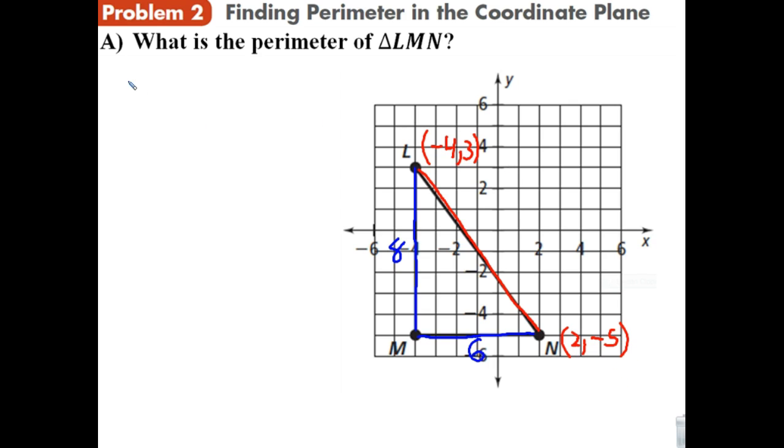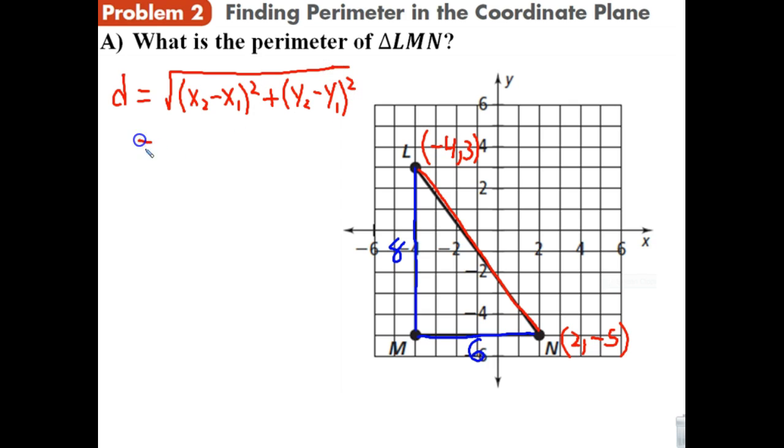Let's use the distance formula on that. That was our d is equal to the square root of (x2 minus x1) squared plus (y2 minus y1) squared. I'm going to set that up and fill things in.